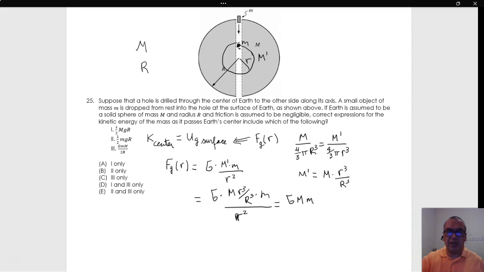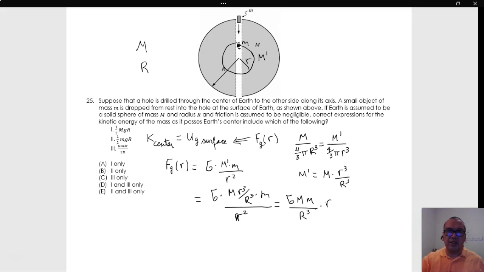G, capital M, lowercase m, over capital R cubed times lowercase r. This confirms that the position for minimum potential energy is the center of the Earth, where the force has a value of 0 and we have stable equilibrium.